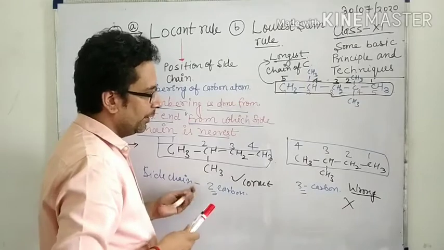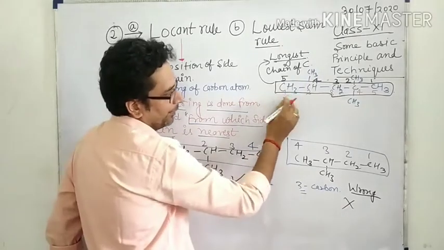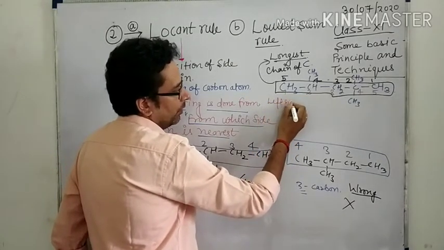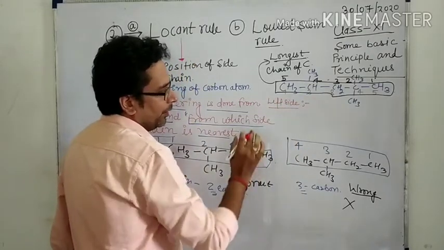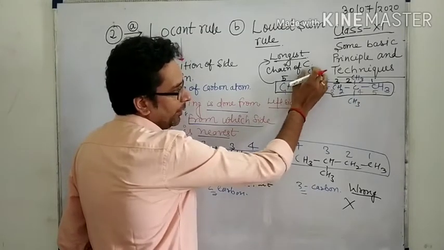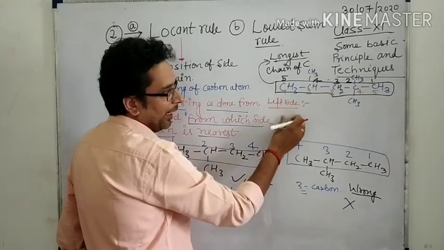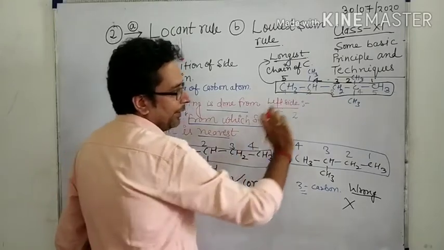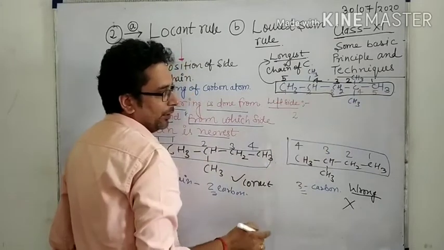When we give the number from the left side, that is the red numbering, we find that on the second carbon there is 1 side chain, so we write the second position here, and at the fourth position there are 2 side chains.